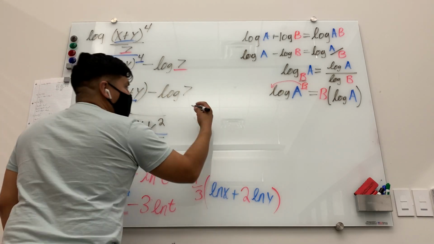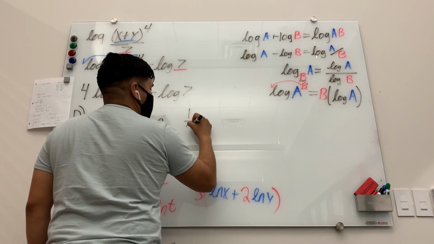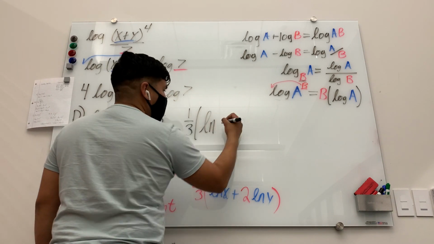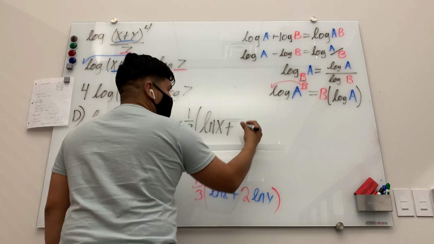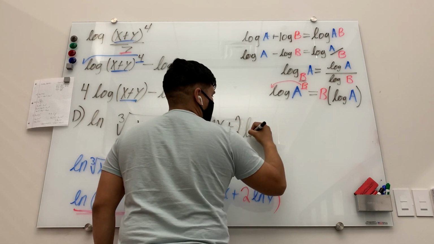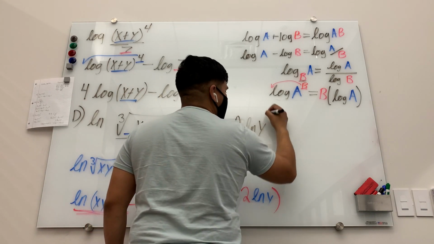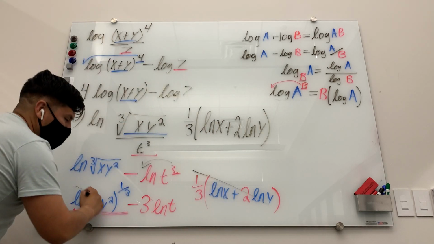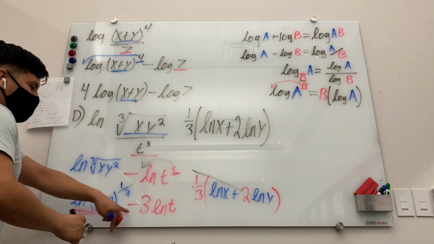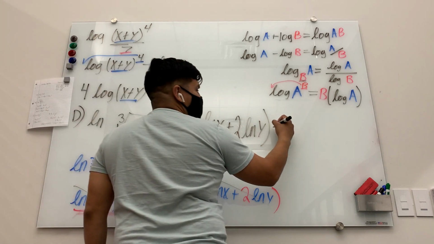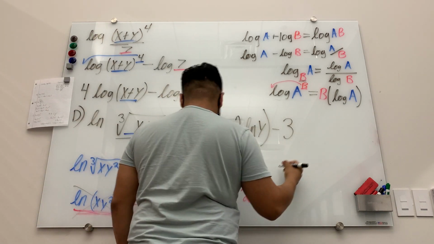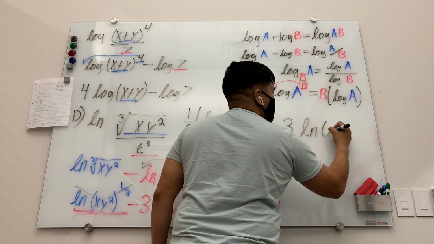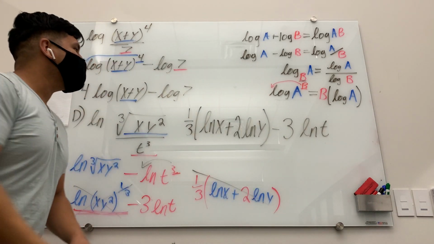So we have 1/3 times the natural log of x plus 2 times the natural log of y, close parentheses. So that takes care of this term. All we have left is minus 3 natural log of t. And that's it. This is our answer.